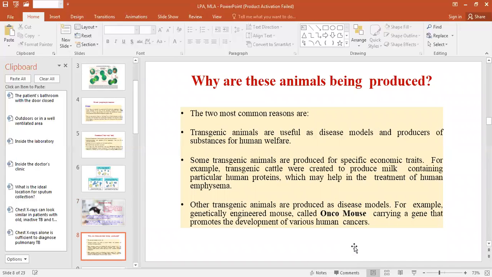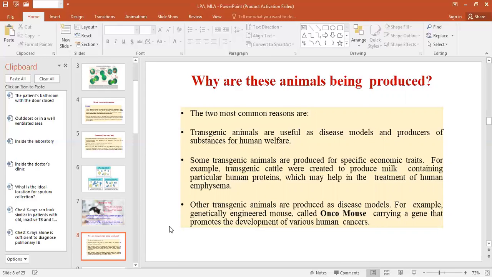Now, where are these animals being produced? The two common reasons are that transgenic animals are very useful as disease models and as producers of substances for human use. They will express some gene, and the expression of these genes can be tracked outside the human.